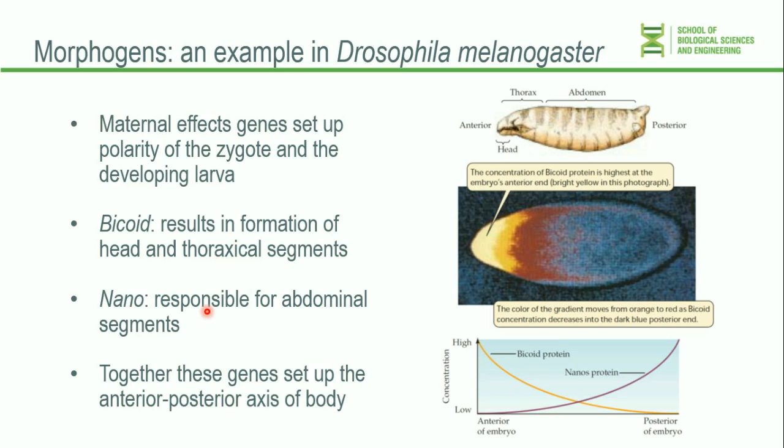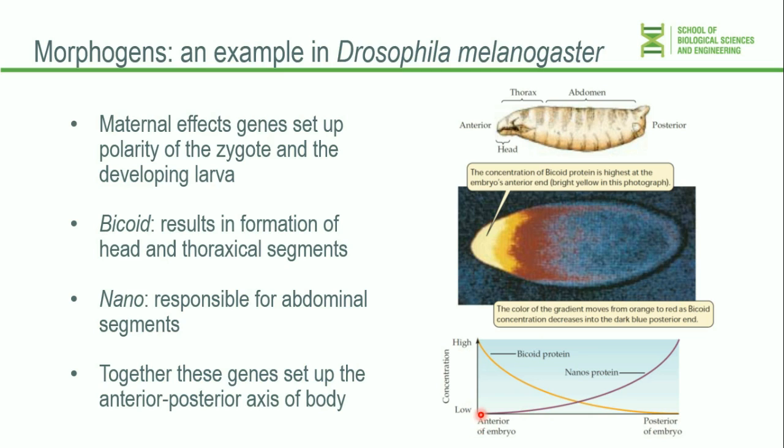The nanos morphogen is responsible for producing the abdominal segments. Now together, these two morphogens set up the anterior-posterior axis of the body. Let's look at this graph down here. On the y-axis we have concentration from low to high, and on our x-axis we have the position of a particular cell in the embryo.